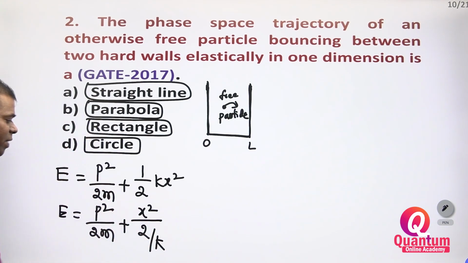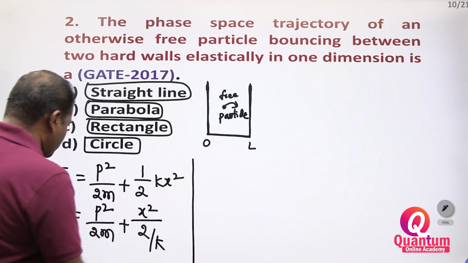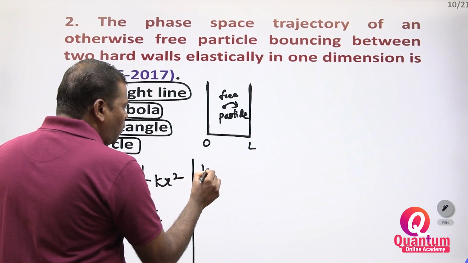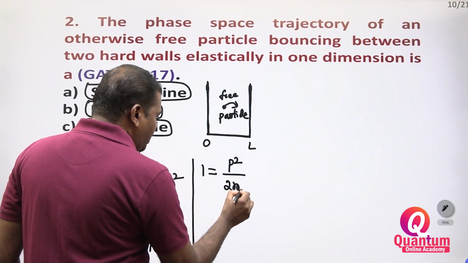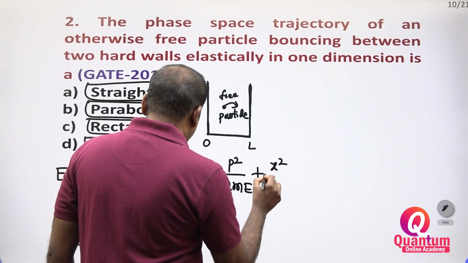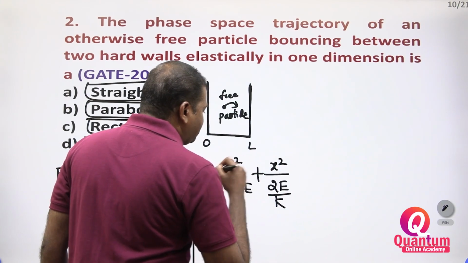I am rearranging again. I am bringing this E to the numerator side. 1 is equal to p square by 2mE plus x square divided by 2E by k.